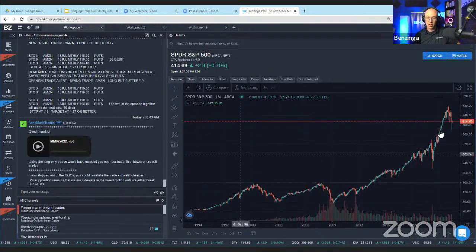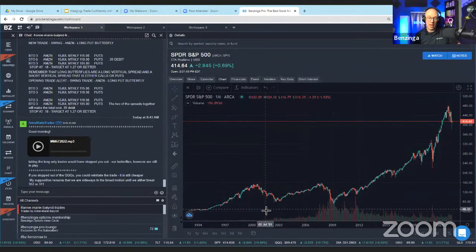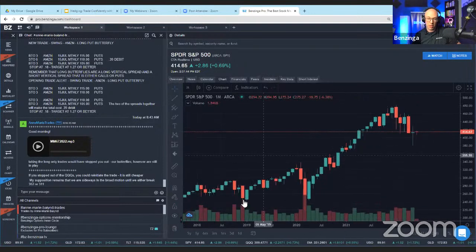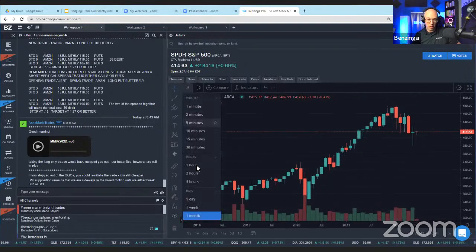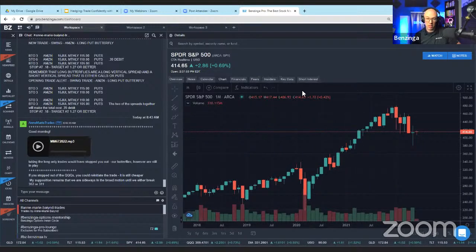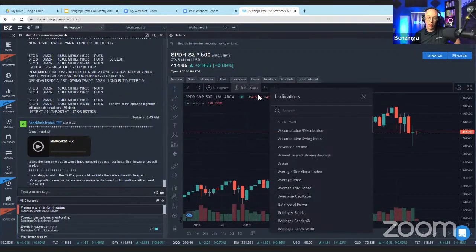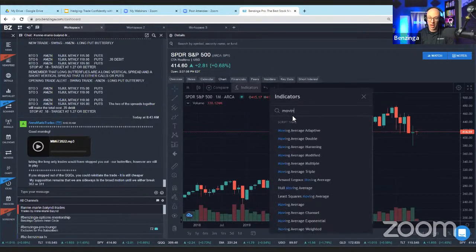As you can see, there is a chart in here, as well as on your brokerage. Like I've got monthly. We don't have the yearly candles on here, but we do have the monthly, weekly, and daily. So that you can do within Benzinga Pro. And then you could throw on your indicators like a moving average. It'd be under simple moving average.